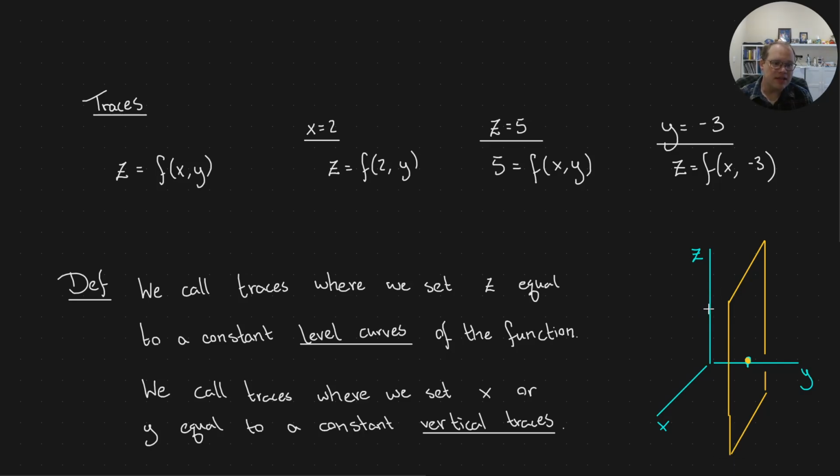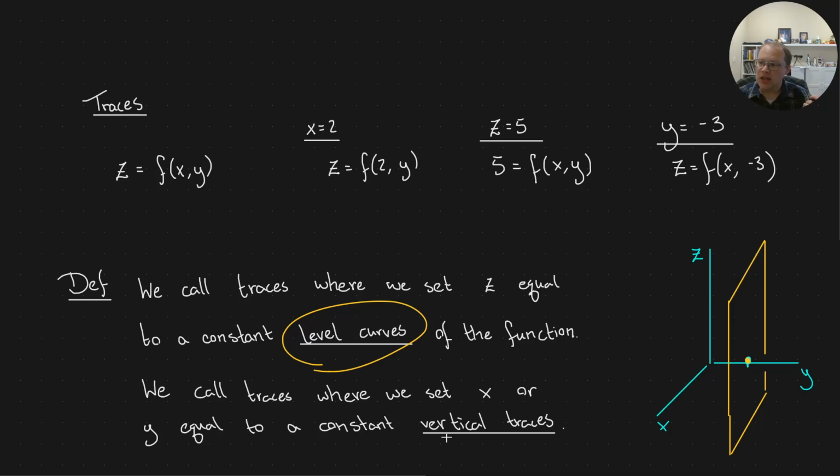Whereas if we're setting z equal to a constant, the plane where z equals a constant is horizontal. And so that's why we call setting x equal to a constant or y equal to a constant vertical traces.